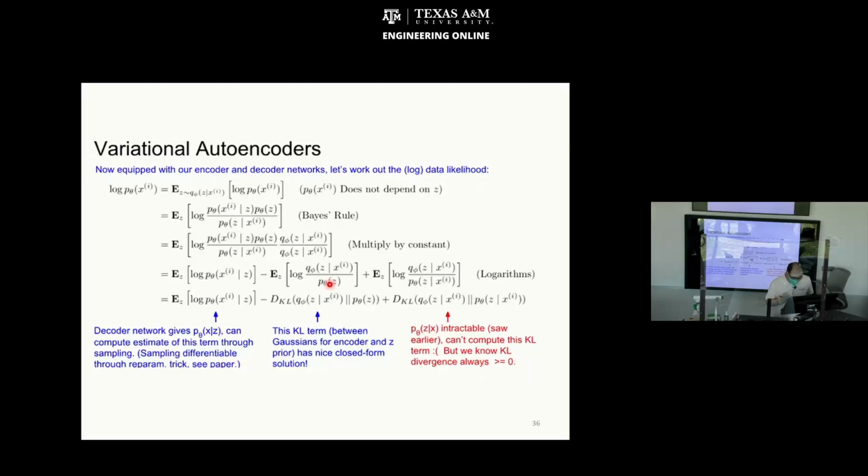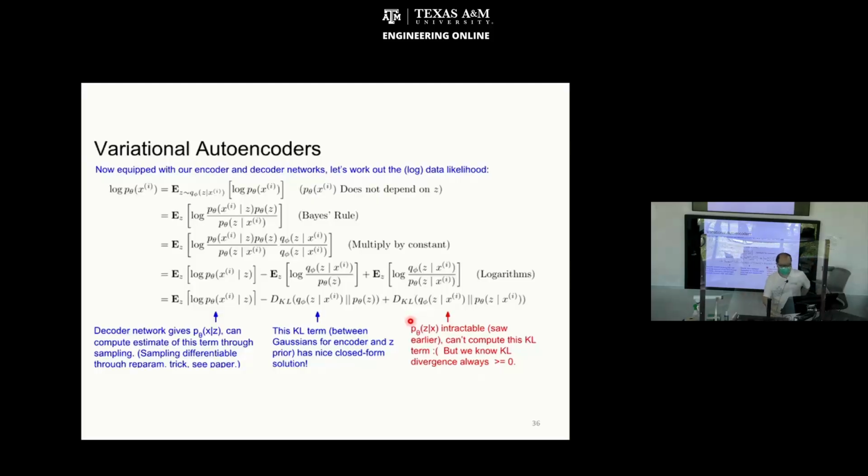And the trouble comes from the last term. This is the KL between the two, and the problem is that getting p of z given x is intractable. So rewriting this bound doesn't make things tractable. It's still intractable because of this, all right?